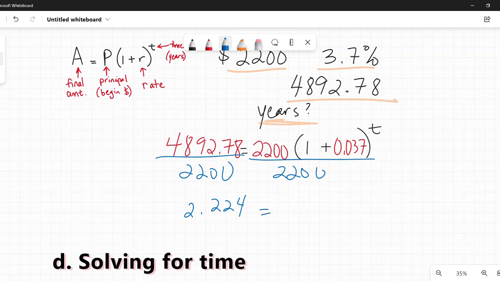Okay, so it equals 1 plus 0.037 to the power of t. I'm going to go ahead and combine those two to just be 1.037 to the power of t.